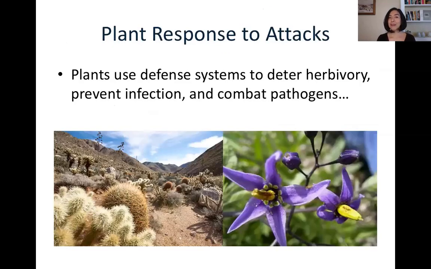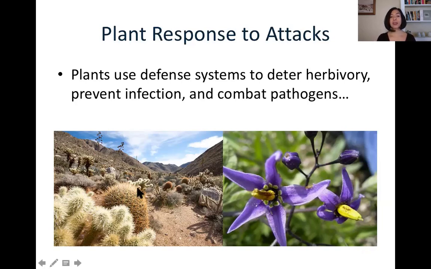This is the plant's response that you could see in plants. Some of them, like in deserts, on the left, you can see a lot of plants, the Cylindropuntia, a lot of cactus or cacti here. And what do they have in common? All of them have these spines. So think about this: in deserts, there is a scarcity of water, and these plants have a lot of water retained in their stem.